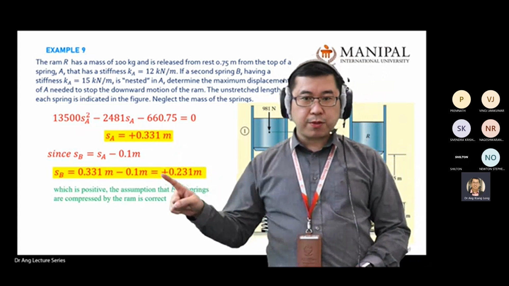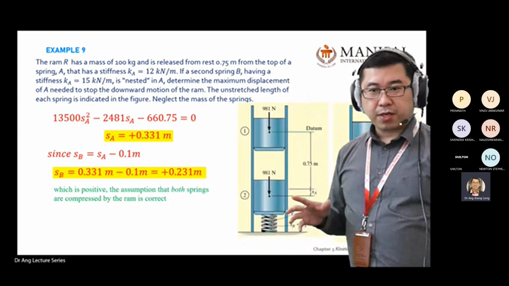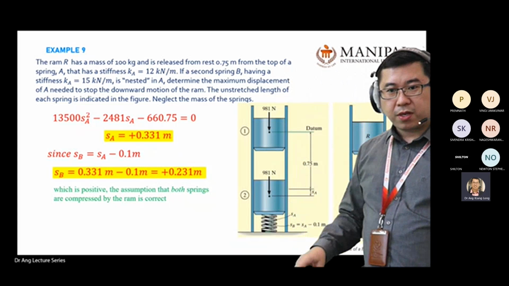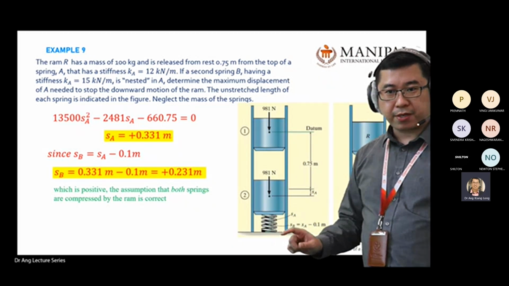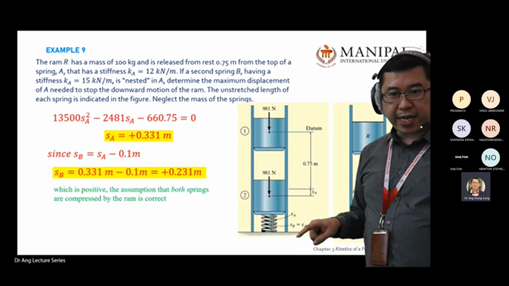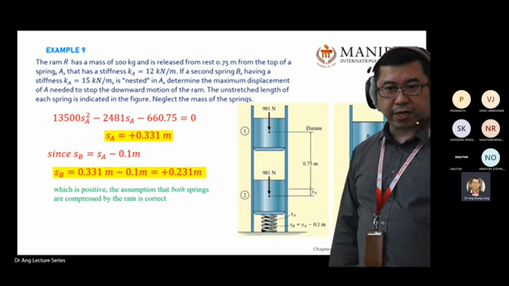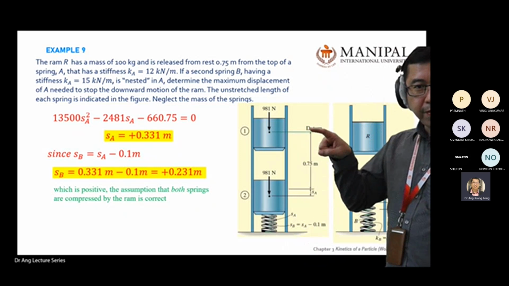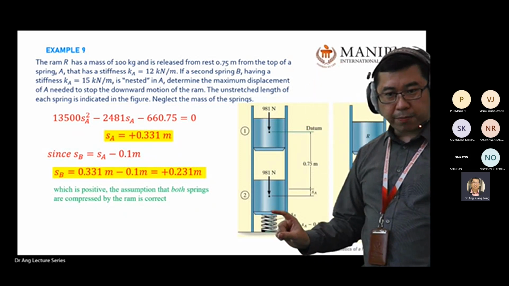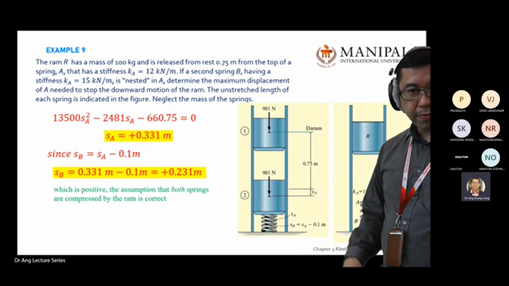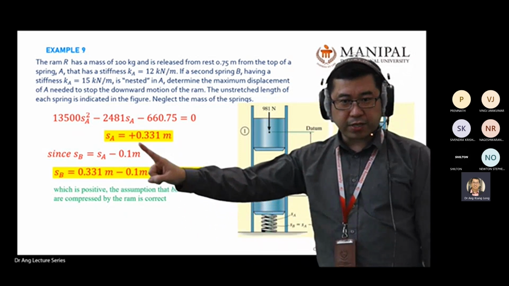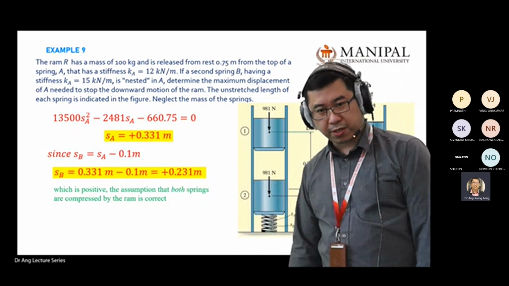In the answer, both are positive, which means our assumption is correct, where the displacement is going down and both springs are compressed. When both springs are compressed, your SA and SB are positive and not negative, because the direction you measure from the datum going down is positive. So when you compress, SA going down is positive, and SB also going down is positive. That's why in your answer you get positive, positive.